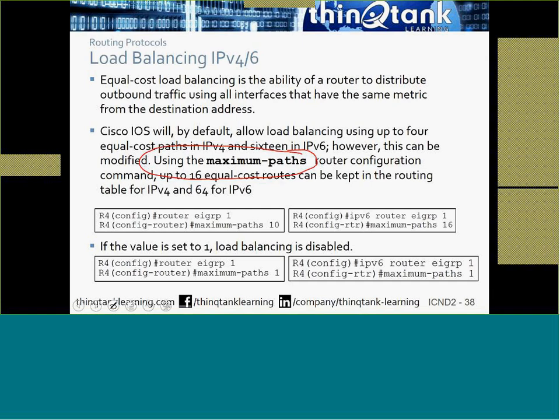So for example, if I go under EIGRP and I change the maximum paths to 10, then that means I'm going to load balance across 10 paths potentially. If my goal is to disable load balancing altogether, I'll set the maximum paths to 1. We don't typically modify this value. We generally just leave it at its default.